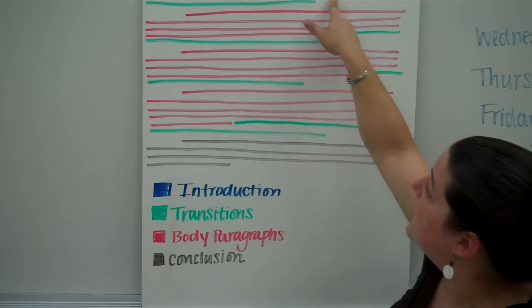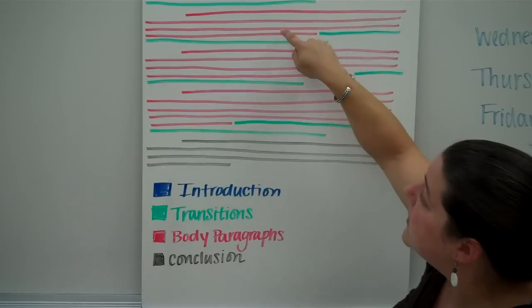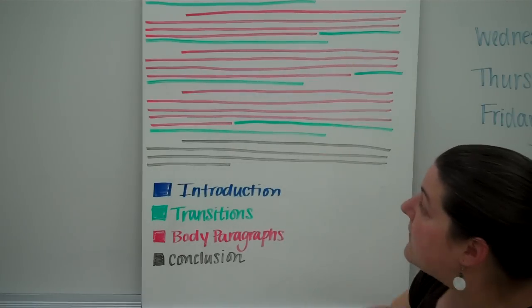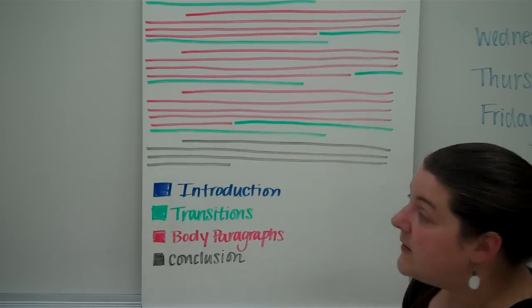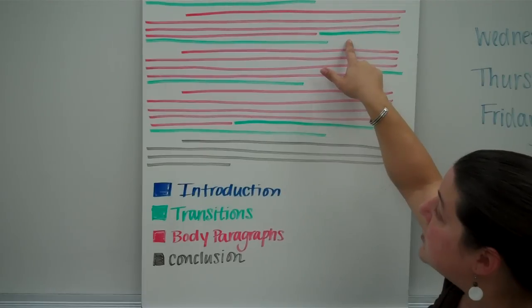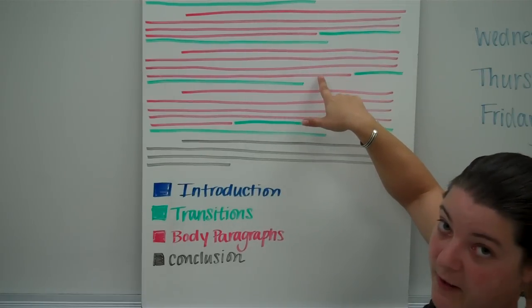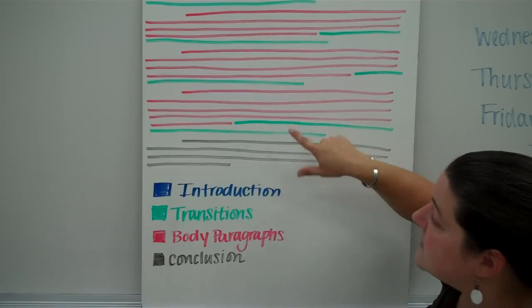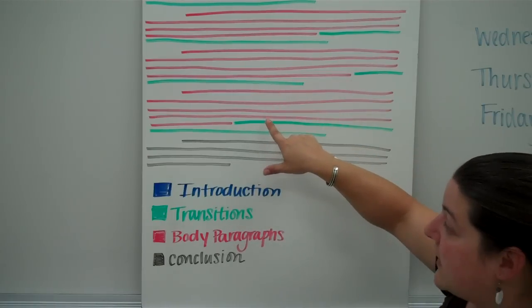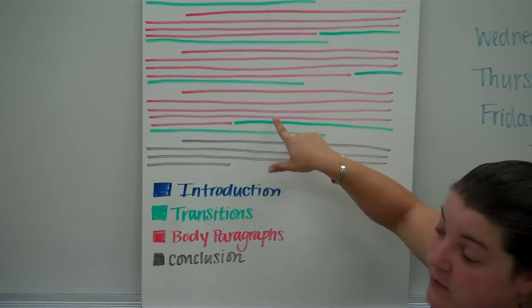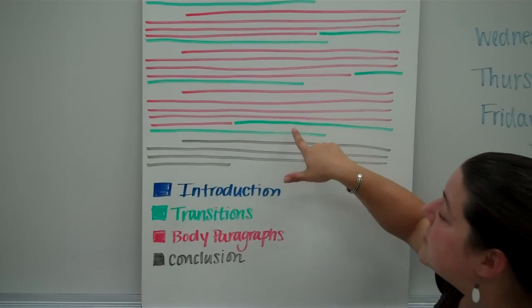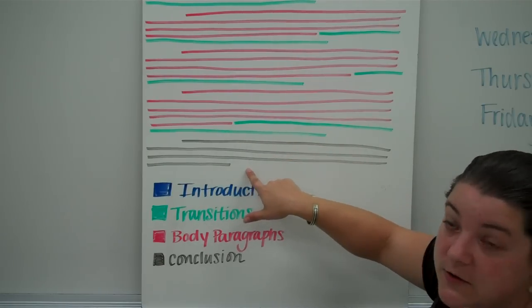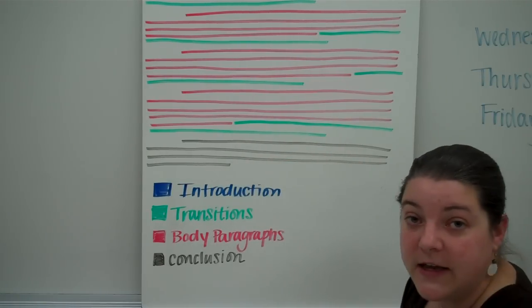So you can see how this transition leads from here to this body paragraph, which is in red, okay? And again, we have a transition that moves to the next body paragraph, again in red. And then another transition which moves to the next body paragraph, which is your final body paragraph, and then a transition that moves us to the conclusion. And of course, here is your key.